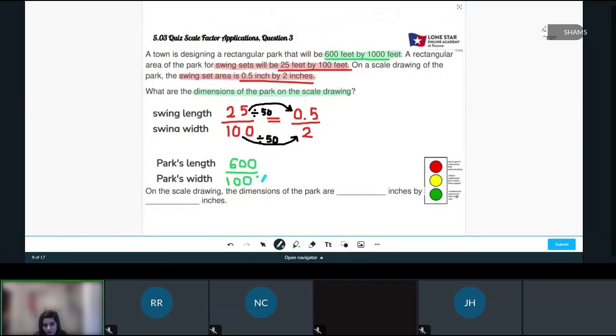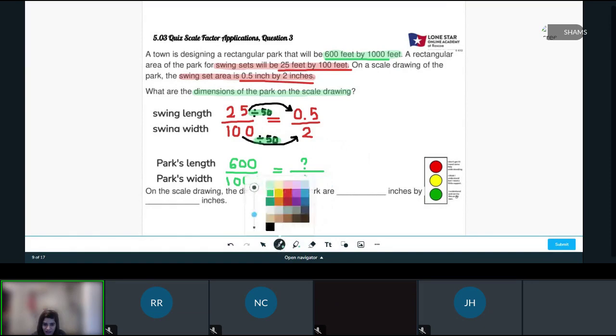In order for you to figure out the scale measurements, we can refer to what we did over here. The scale measurements are missing, right? We can divide by 50 because we know this is the standard they're using to figure out the scale measurements.